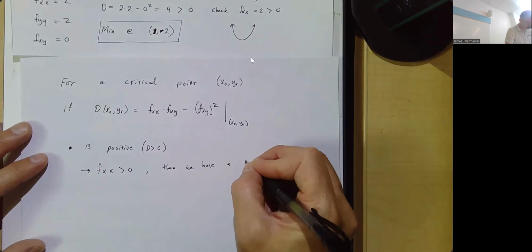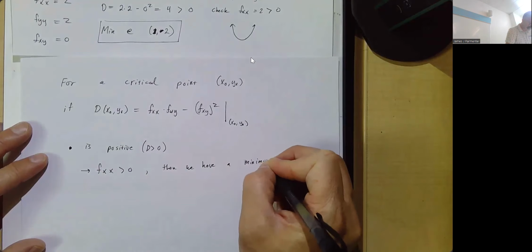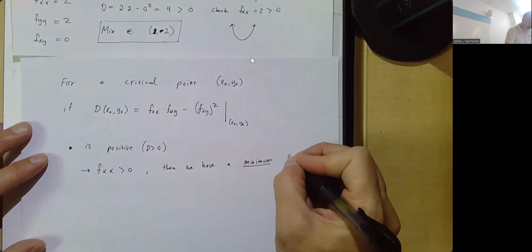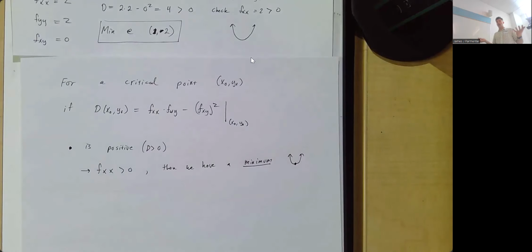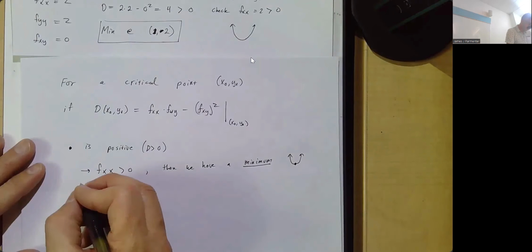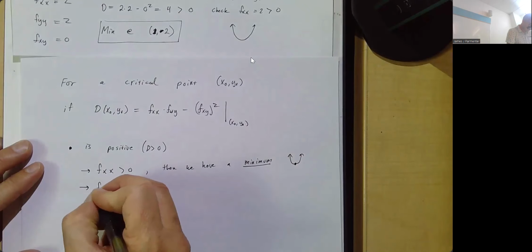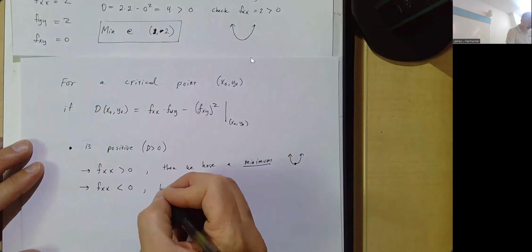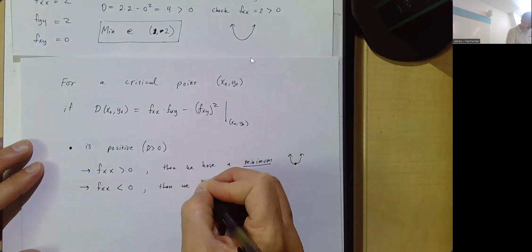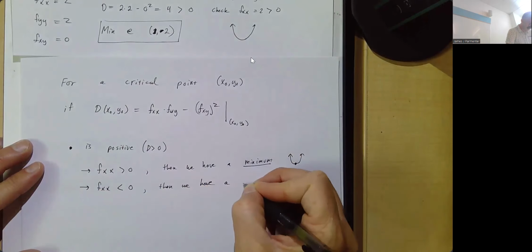We have a minimum because concave up. If your second derivative is positive, the thing is concave up. On the other hand, if the second derivative in one specific direction is negative, then we have a maximum because concave down.